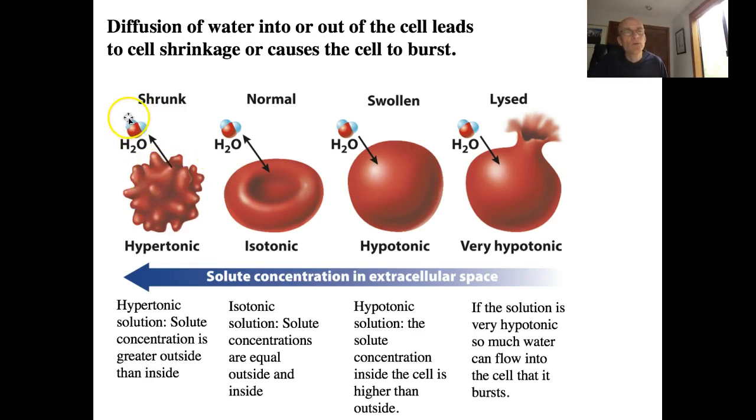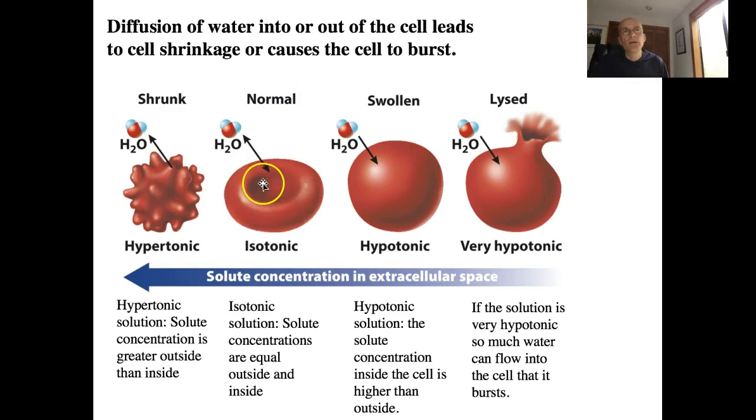Water will try to dilute the outside, which is higher concentrated. It might be futile because it's so much more concentrated, but it will still do that. And so the volume inside will shrink because all the water goes out and nothing else moves in to replace that.